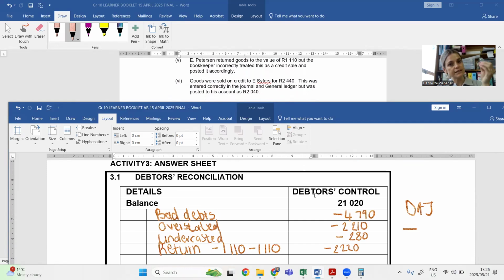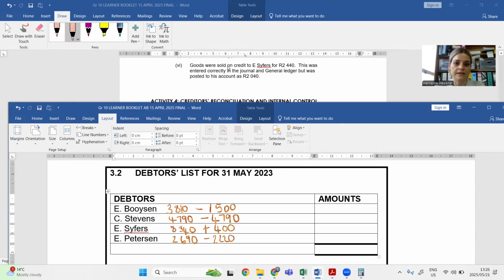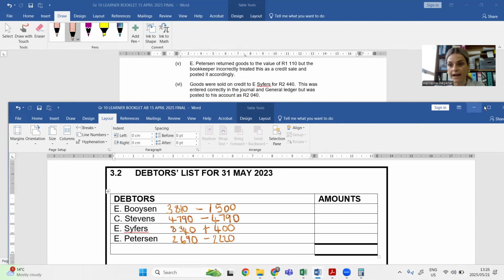But when I then took that same transaction and posted it to his ledger account, I made a mistake and I forgot a 400 Rand. So I just need to go to his account and say I made a mistake. It wasn't 2,040 Rand. It was actually that plus another 400 Rand. And that was the last one that we had there.